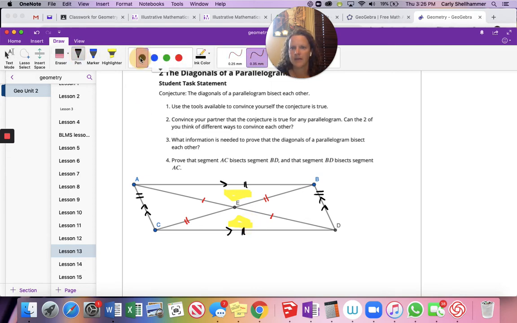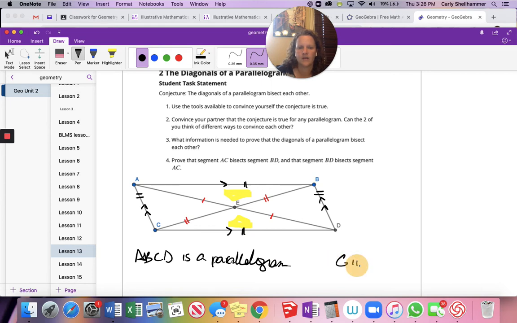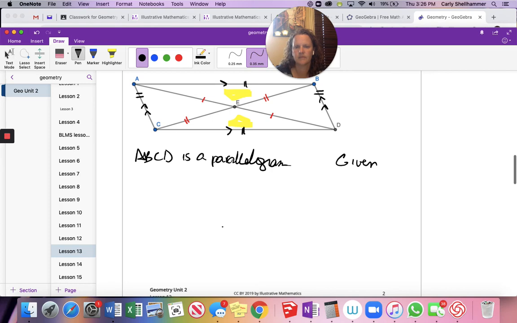I'm going to go back to my pen, and we're going to say that ABCD is a parallelogram. Given. Now I can say that AB is parallel to CD, and AC is parallel to BD.